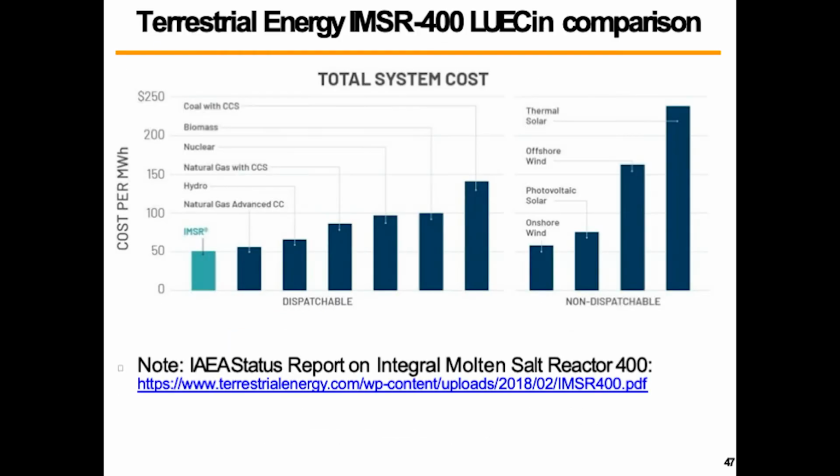And this is what the IMSR claims using bottom-up methodology, which we cannot really replicate because we don't have the design details, and it's much more work than you can do with one student. It's about $50 per megawatt hour, and this is compared to other alternatives. Now, this is Canadian gas, not US gas.